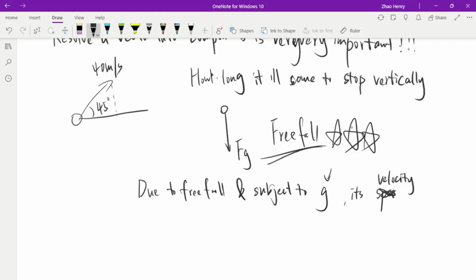Its velocity, if it's going upward, will decrease.